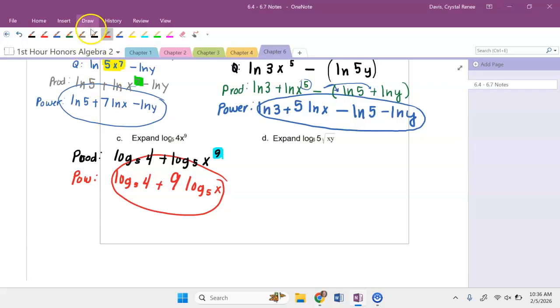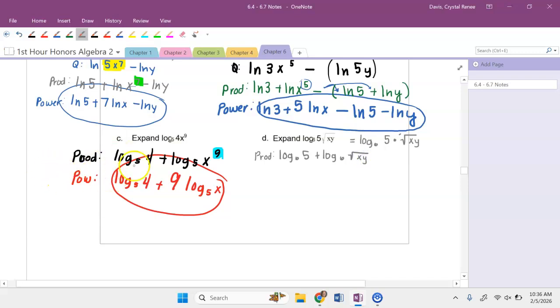D is a little more complicated. Not too bad, but it is a little more complicated. So I can think of this as log 6, and I'm just going to take baby steps. Not all of you have to show all these steps, 5 times the square root of xy. So using the product rule, I can first break this into log base 6 of 5 plus log base 6 of square root of xy.